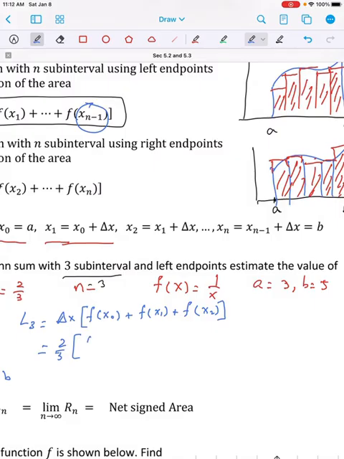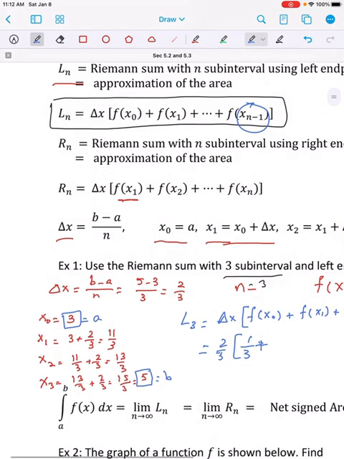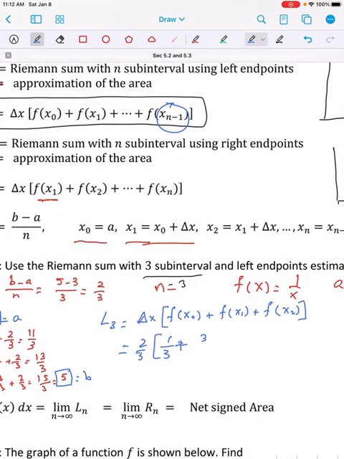So this will be 1 over 3 plus f of x1, so x sub 1 is 11 over 3, so 1 over 11 over 3 will be 3 over 11, and then plus f of x2, so x2 is 13 over 3, so 1 over 13 over 3 will be 3 over 13.